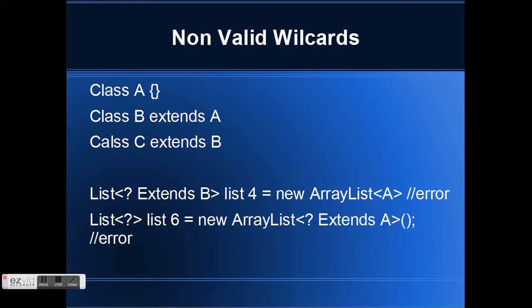Since you have ArrayList A, it's trying to be referenced, meaning that you cannot reference ArrayList A. List 4 cannot reference it because it extends, so it's an upper bound. It can only do whatever is lower than B. It cannot reference A.